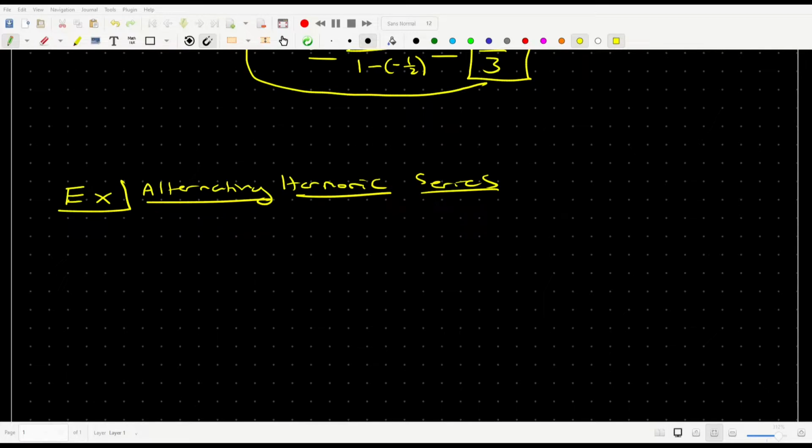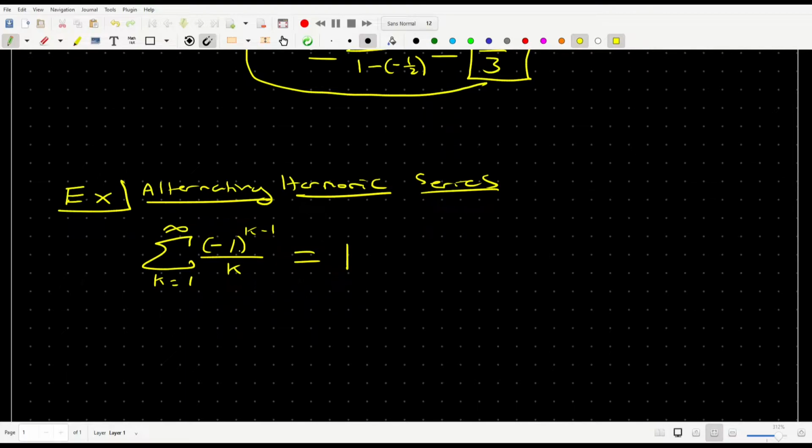Specifically, it has the formula of summation from k equals 1 to infinity of negative 1 to the k minus 1 over k, which when we write this out is going to become negative 1 to the 0, which is 1 over 1, which is 1.